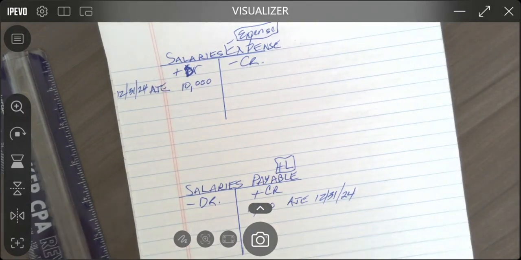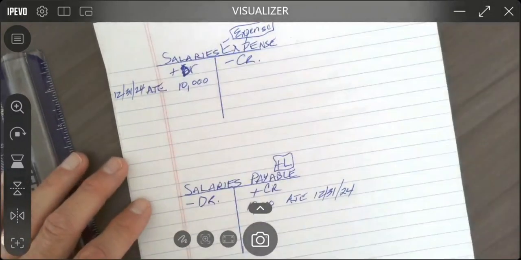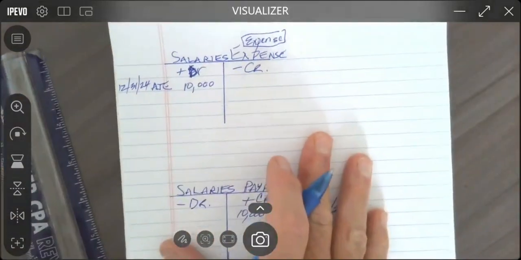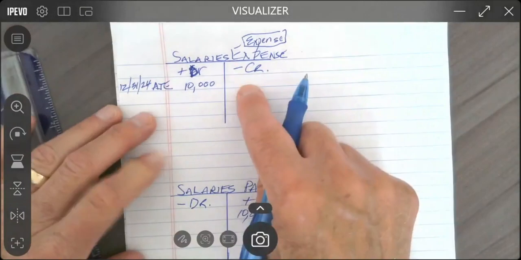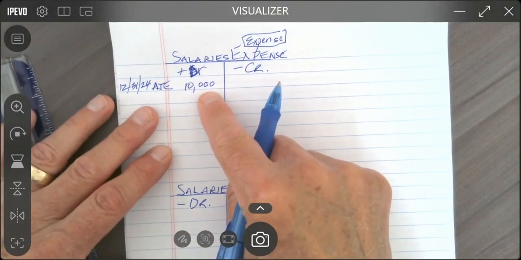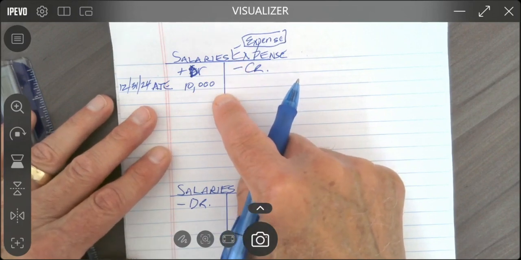Right now, remember that the chief accounting officer, so now we have properly accrued the salaries expense, and so when we prepare the financial statements, the income statement will include every penny of salary earned by the employee, whether or not we paid it during the year.